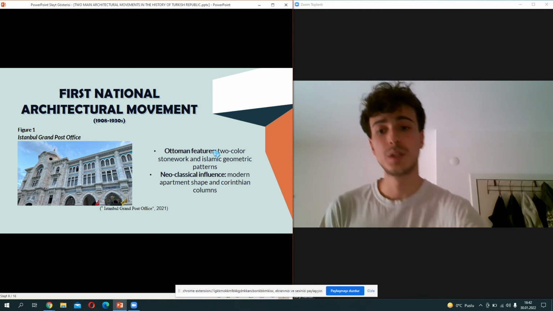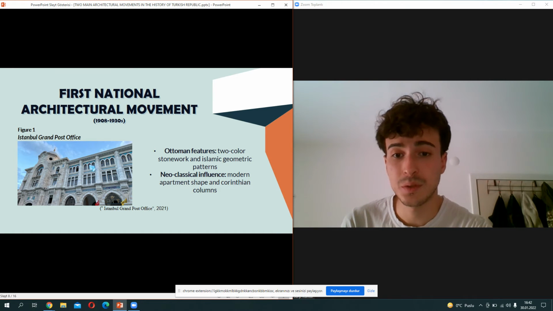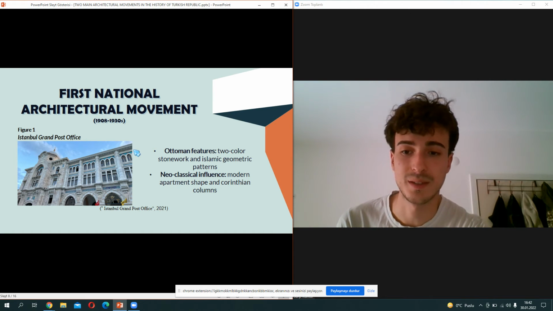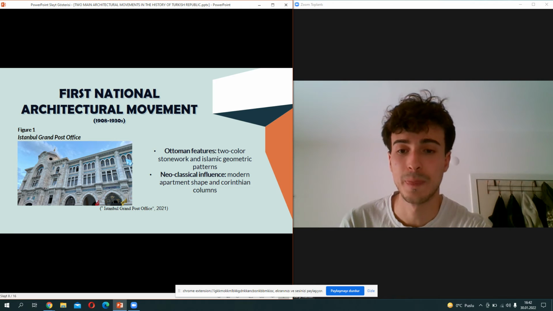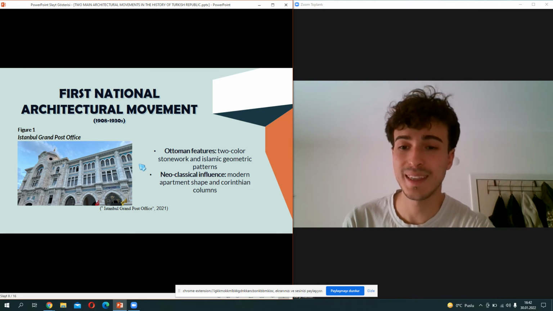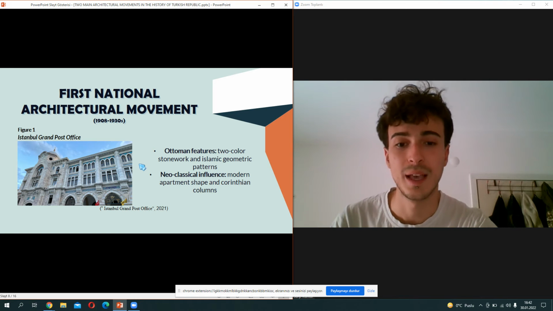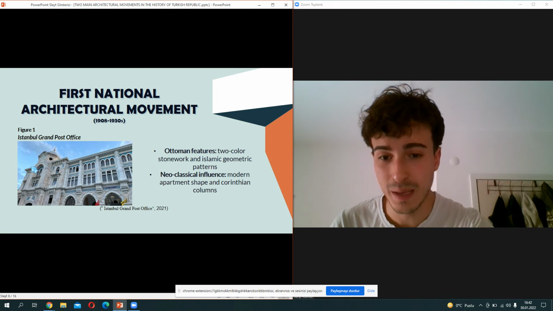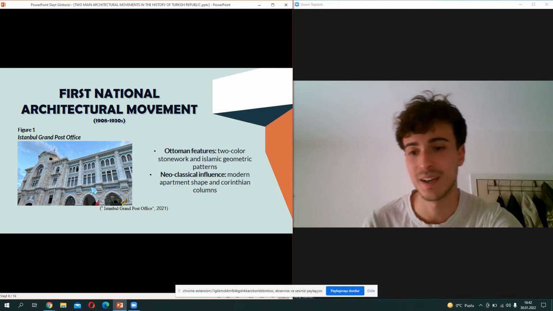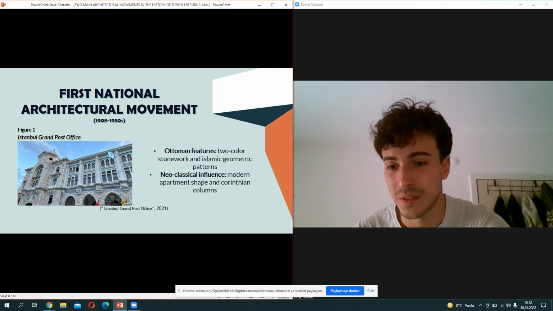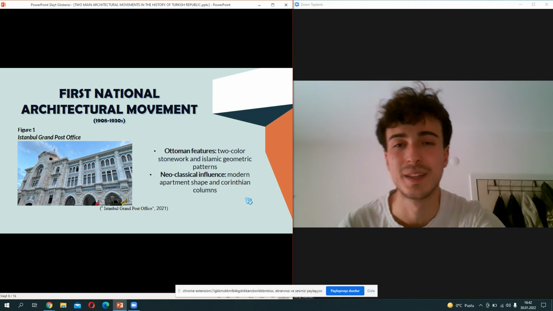As you can see, turquoise blue color is used for Islamic geometric patterns, also known as Turkish style. And you can easily see the neoclassical influences in this building, such as the modern apartment shape and Corinthian columns. As you can see, three of the Corinthian columns are visible.